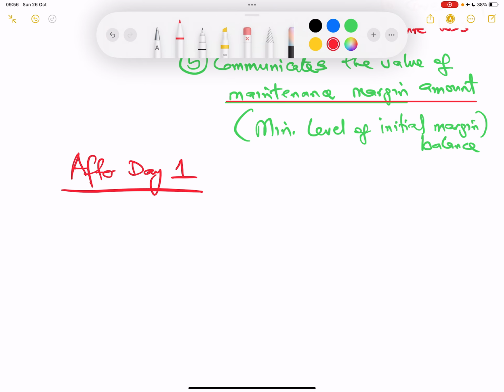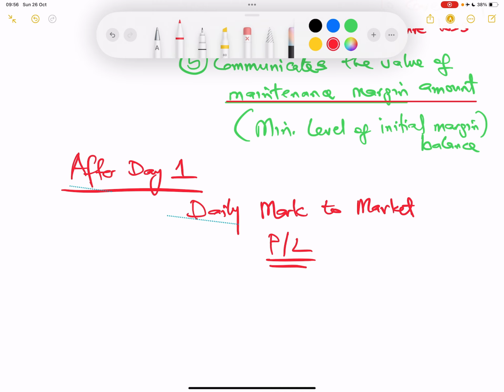After day one, there will be daily mark to market, which is valuation of your investment, of your contract. There will be mark to market, where the market will have started moving with the future prices changing, spot price changing. This one we have to check whether you are making profit or loss.